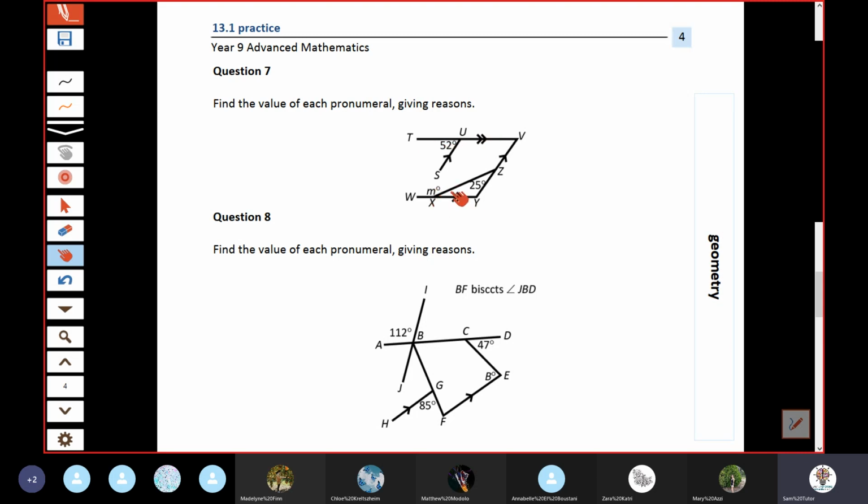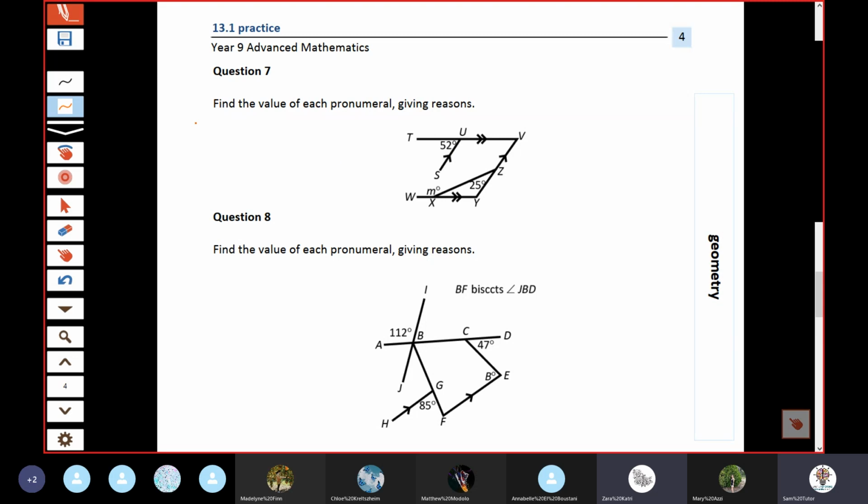Maybe to find M, if I knew what this angle would be, again, I could subtract it from 180 and work out M. You happy with all that? Yeah. So we're pretty much going to use everything we just said. And if we do, it should work out. So let's see. You tell me. What's the first thing you want to find? The straight line.